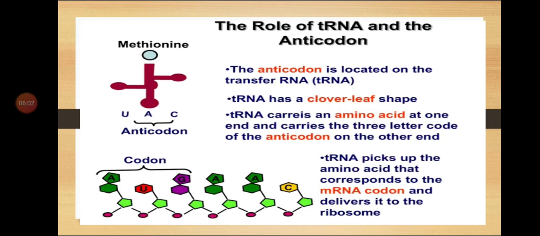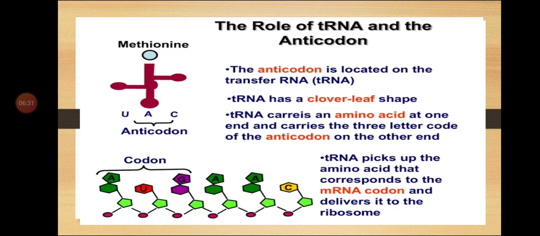Now we will study the role of tRNA and anticodons. The anticodon is located on transfer RNA. You have seen here already in the diagram, and see here once again the anticodons. tRNA has a clover leaf structure. tRNA carries an amino acid at one end and carries the 3-letter code of the anticodon on the other end.